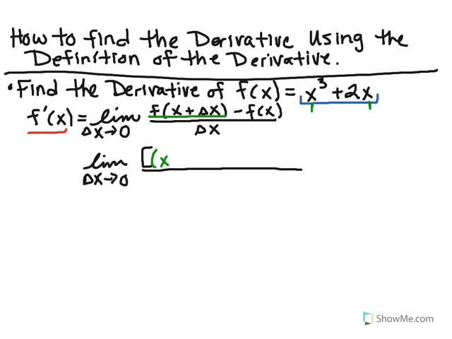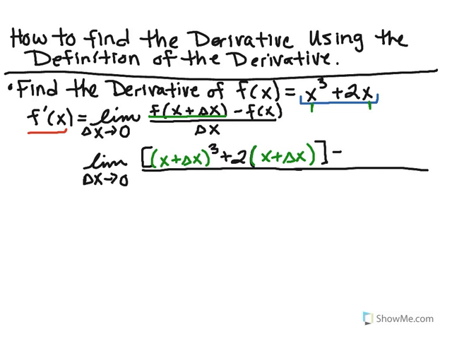This is what I'm substituting the very first x with, x cubed. So it's going to read x plus delta x, and then I'm going to cube it. Okay, and then I'm going to write plus 2, and then I'm going to replace that with x plus delta x again. So that has taken care of the first part up here.